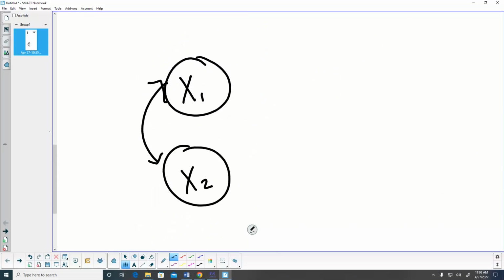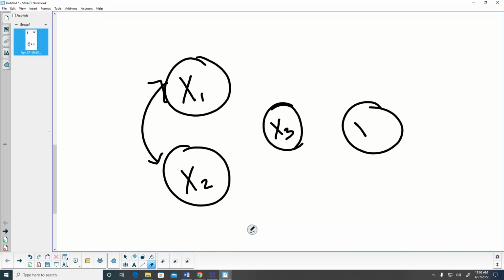I should have probably made these squares. Sorry. I'm going to make them circles, but we're just thinking about the structural part here. And then let's say this is X3, and this is X4. Okay, that's good.